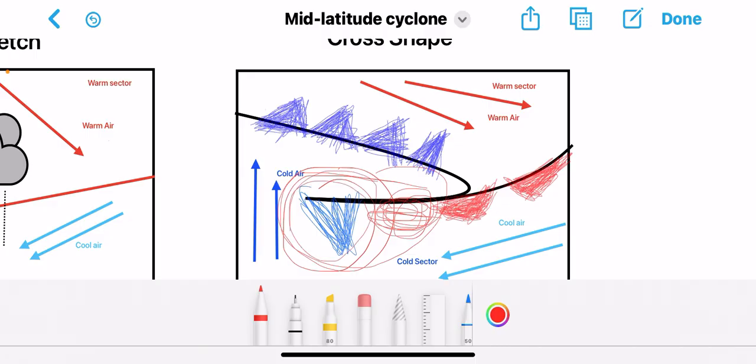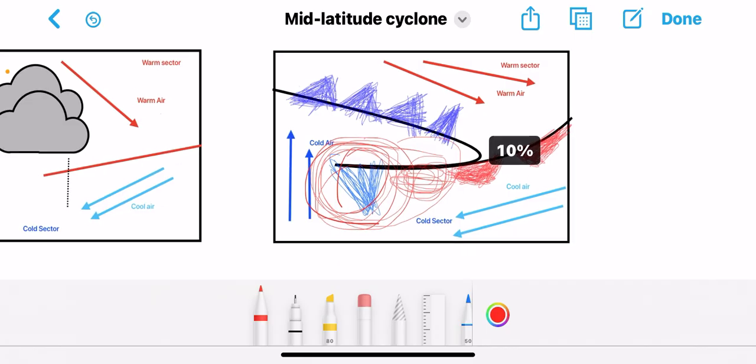But if it shows you a warm front symbol, it means it's a warm front occlusion. But if it shows you the cold front symbol, it is a cold front occlusion.